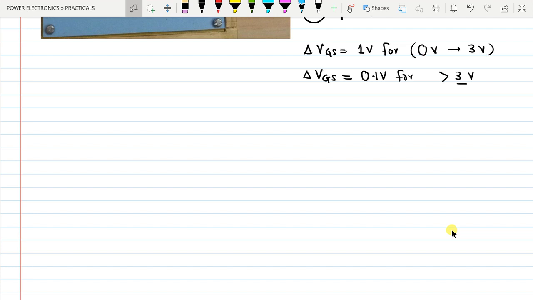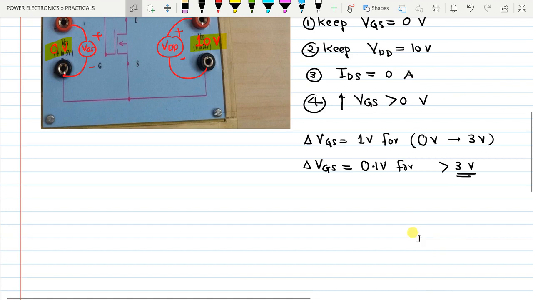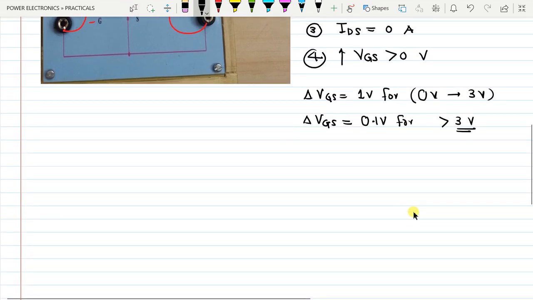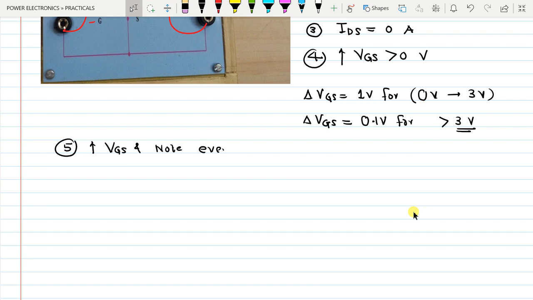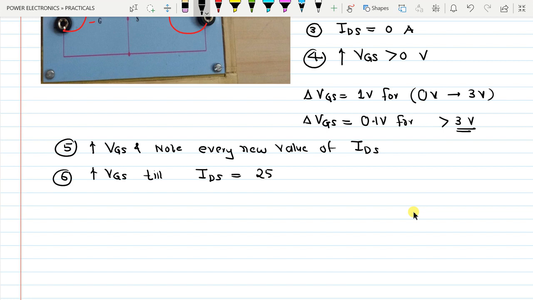The fifth step is to increase VGS and note every new value of IDS, and increase VGS till IDS is equal to 250 microamperes.